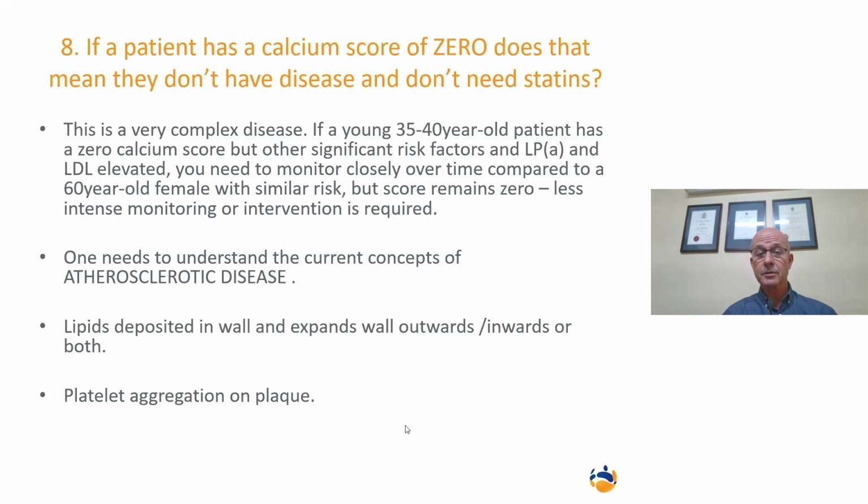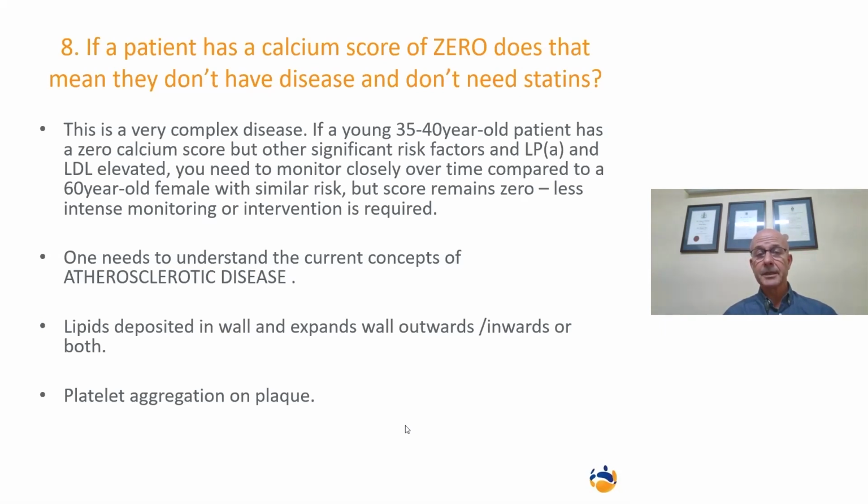And it's been quoted that upwards of 50% of people may have plaque elsewhere. So I think we can't only rely on a calcium score to tell patients if they need statins or not, particularly in a young group.